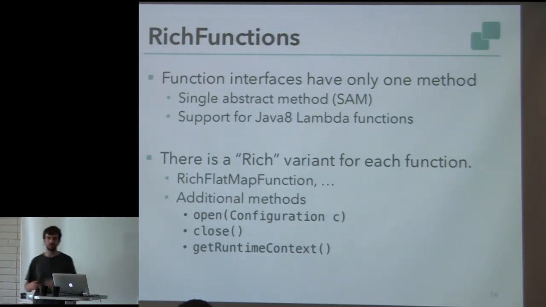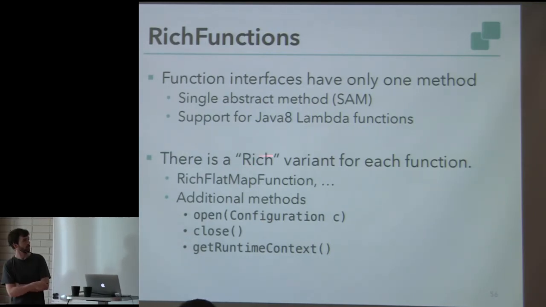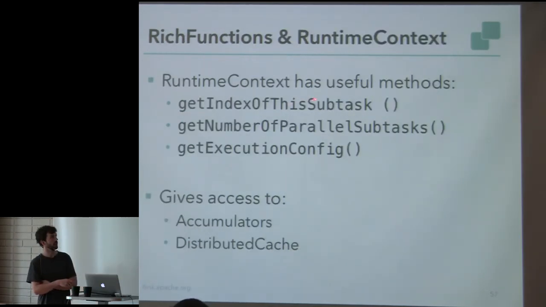Then we have this notion of rich functions, which are available for all kinds of transformations. These have additional methods like open, close, and get runtime context to execute something before the actual user function is run, and after it has run, and to access some of the internal features of Flink, like getting the index of the parallel instance.